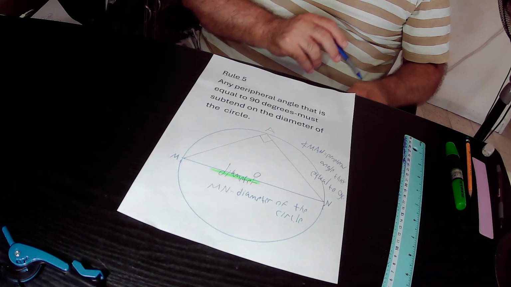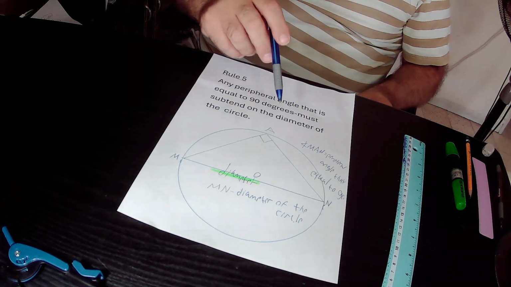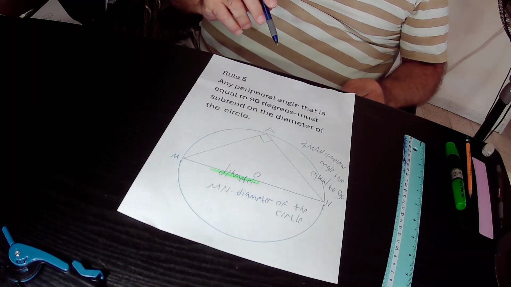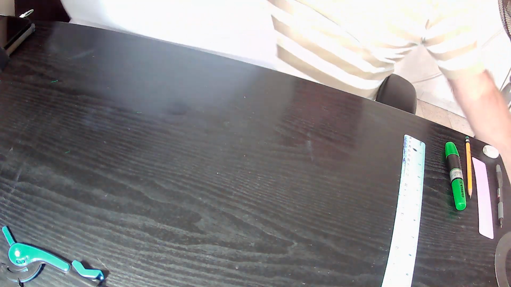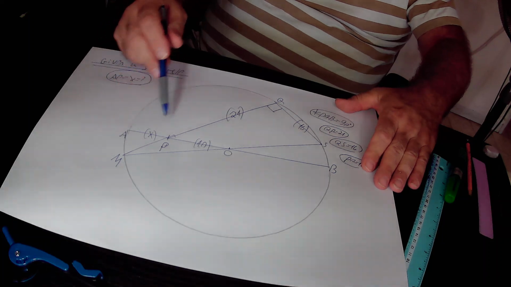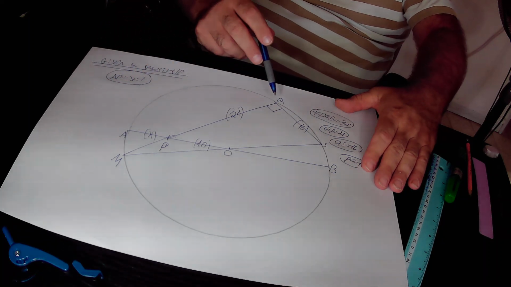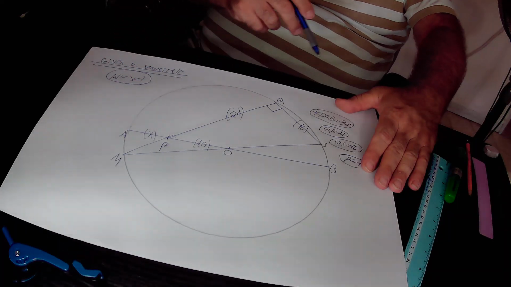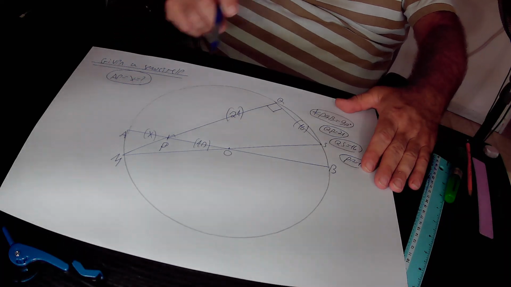So according to rule 5, any peripheral angle that is equal to 90 degrees in its size must subtend the diameter of the circle. So we can implement rule 5 in our drawing. In our drawing, this is peripheral angle MQS that is equal to 90 degrees in its size, and therefore peripheral angle MQS must subtend the diameter of this circle.